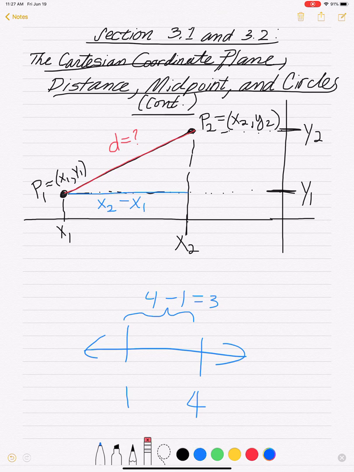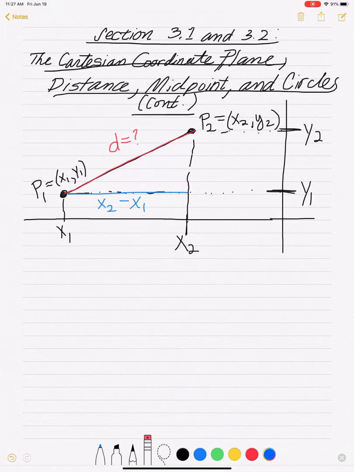All right. So now we're going to ask the question, what's the distance from y1 to y2? So from here to here. Well, you take the larger number, y2, minus the smaller number, y1. y2 minus y1.